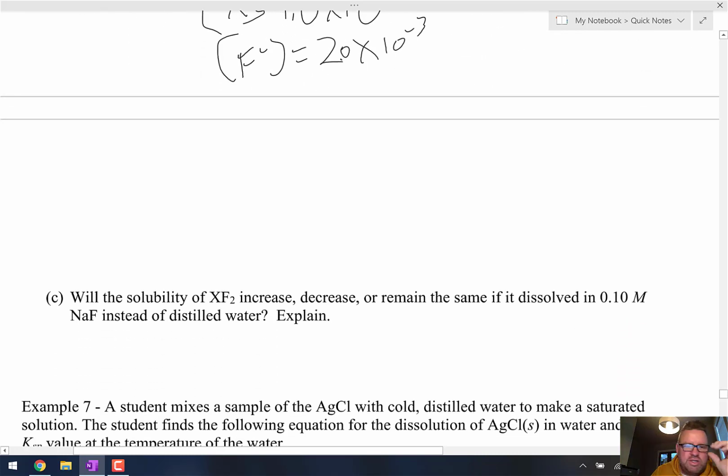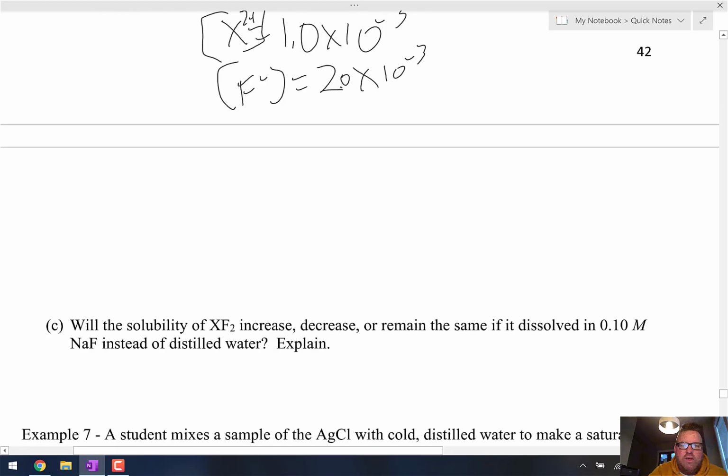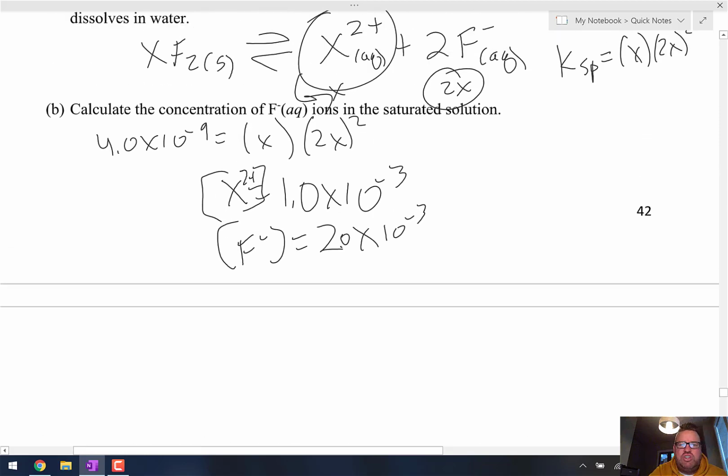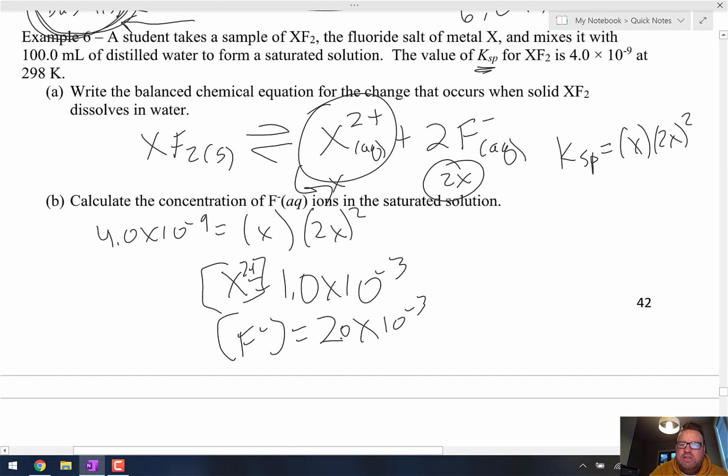And then part C, will the solubility of XF2 increase, decrease, or remain the same if it dissolved in 0.10 molar NaF instead of distilled water? So now this is a situation where we're going to add some F minus.